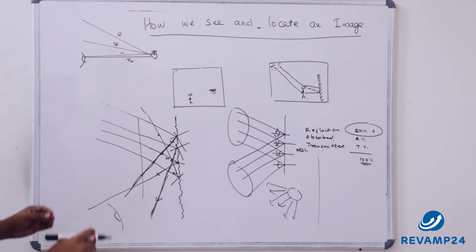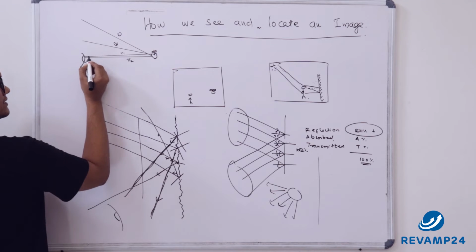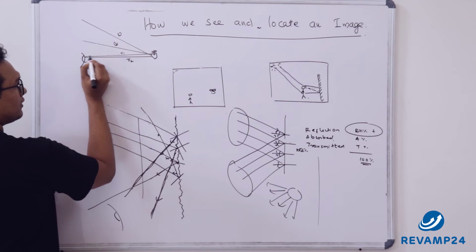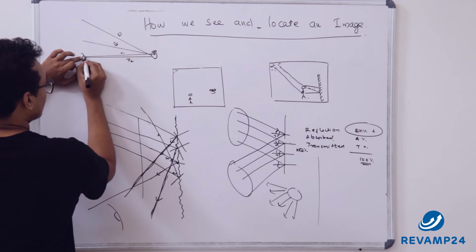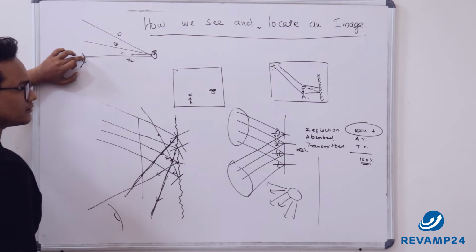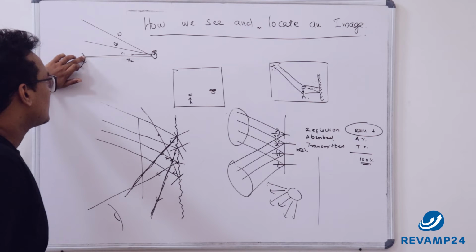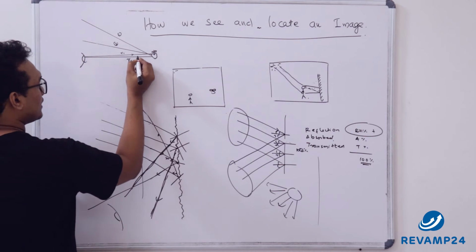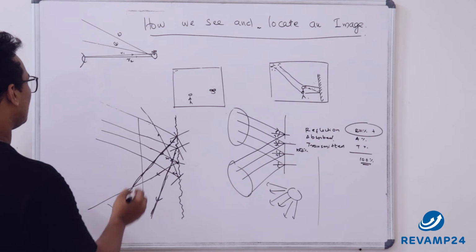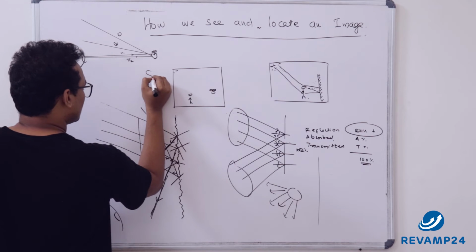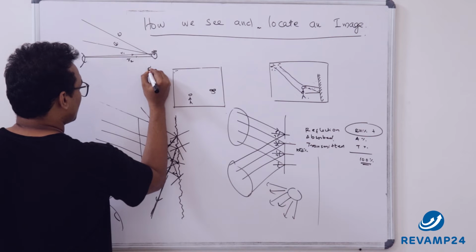Now our eye can understand that the apple is somewhere in this line, and also the apple is somewhere in this line. I will draw another picture that will give you better clarity. This is the apple.